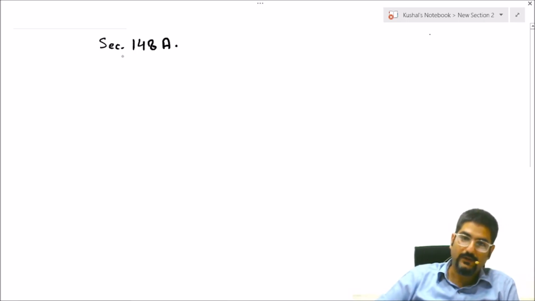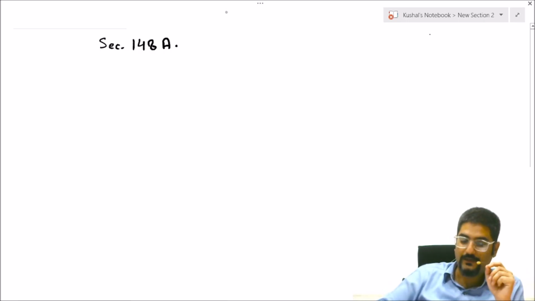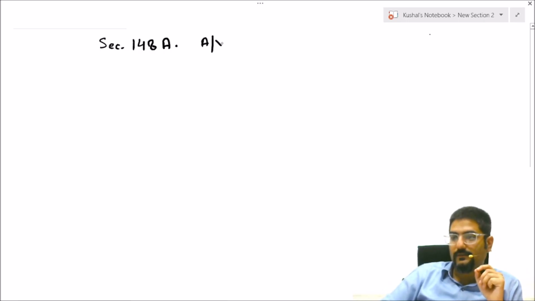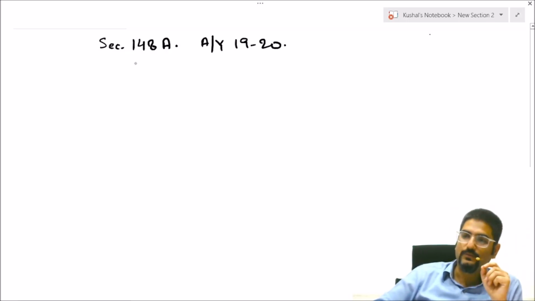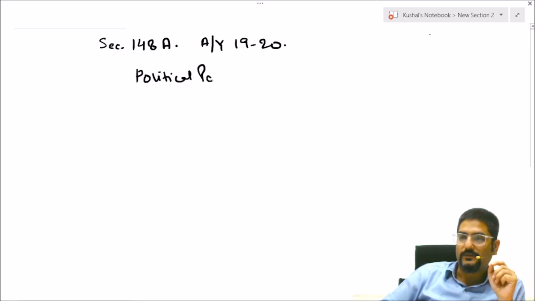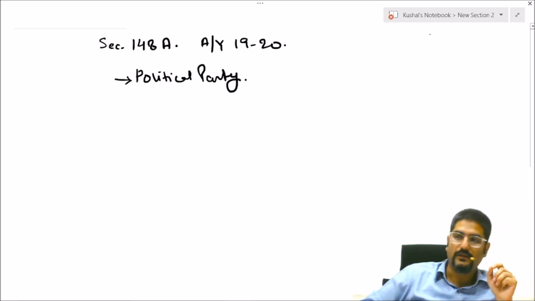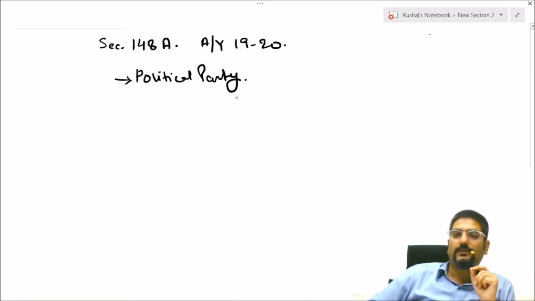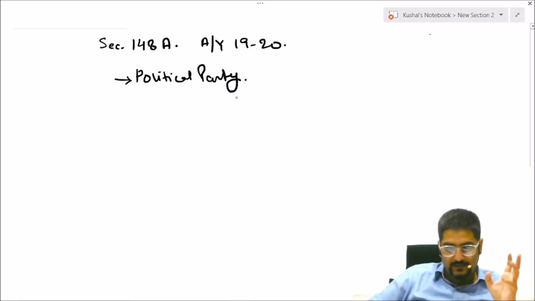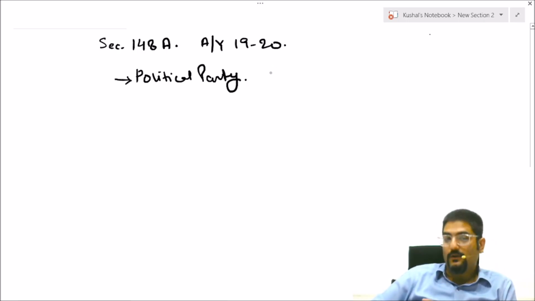Yes, section 148A notices recently issued by the department for assessment year 2019-20 in case of those taxpayers who have made political party donations relating to that assessment year and have claimed the deduction of this political party donation in their income tax returns. A lot of taxpayers receive such notices these days.